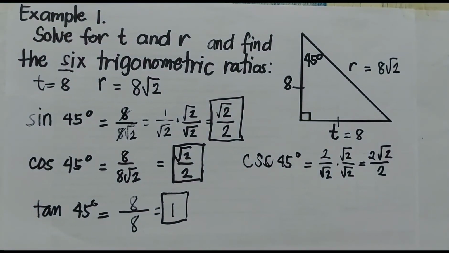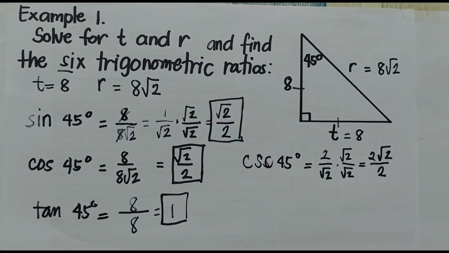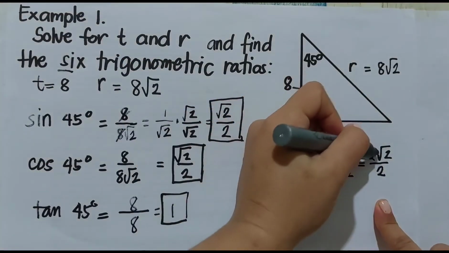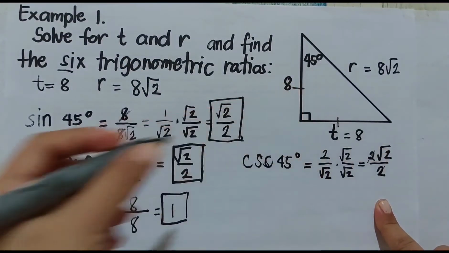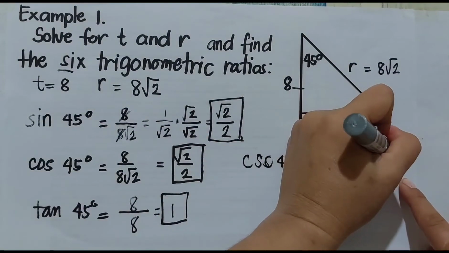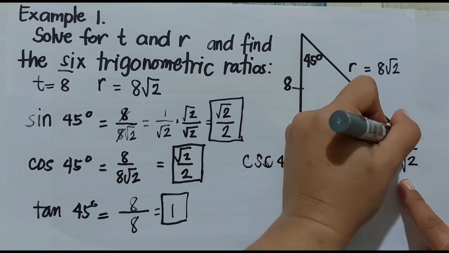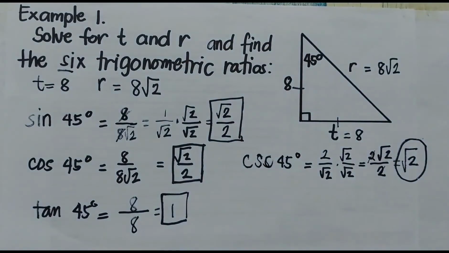Okay? Now, as you can see, there is a 2 here and a 2 there. We can divide it, no? We can cancel that, meaning it becomes 1. So, what is left? Only square root of 2. So, therefore, cosecant 45 degrees is square root of 2.